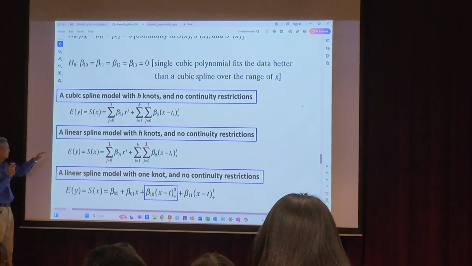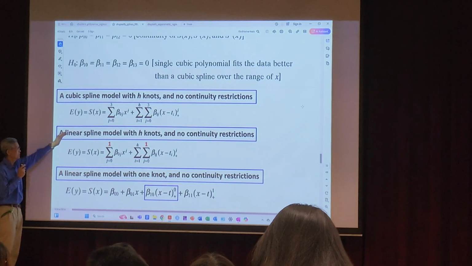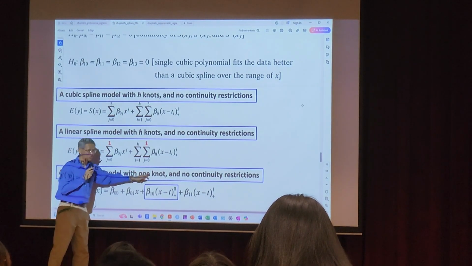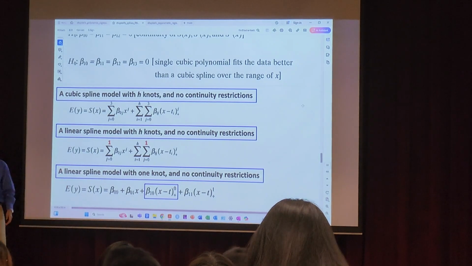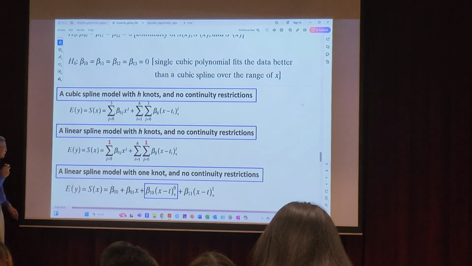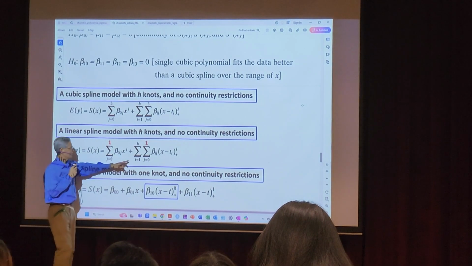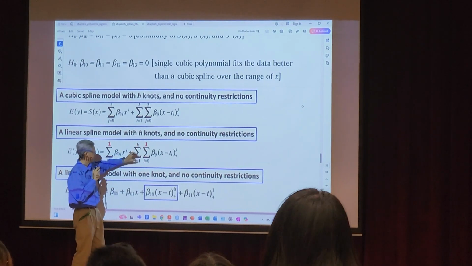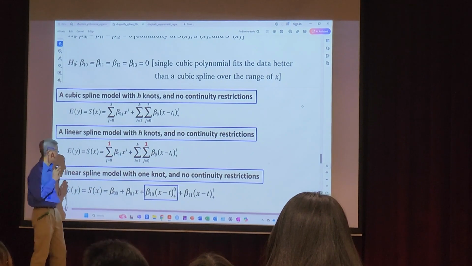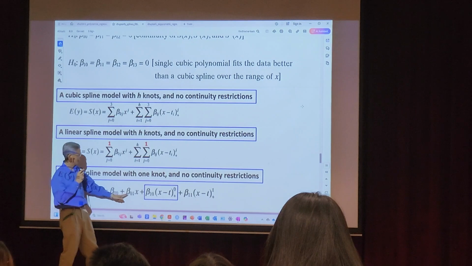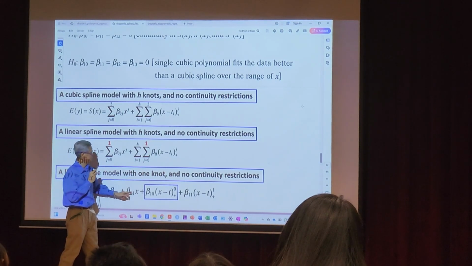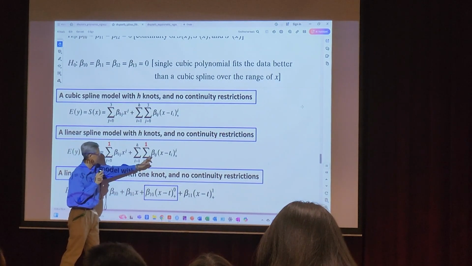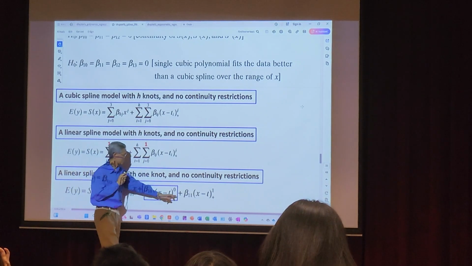Now, let's look at a special case of this. Here, I have H knots. How about, let's just consider 1 knot. Maybe we can understand this pattern. Now, if I have only 1 knot, then there's only 1 t. And the inner sum will be beta 1, 0 and beta 1, 1.